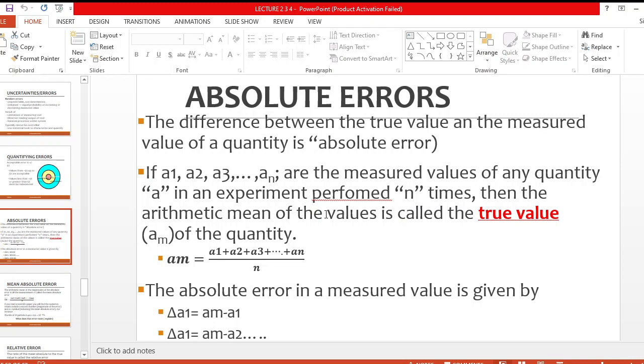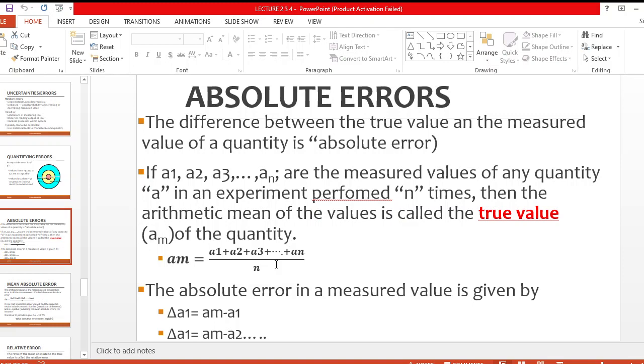Then the arithmetic mean of all these measurements is what is called the true value and is symbolized as AM. Mathematically, the true value AM is equal to the summation of all the measurements divided by the number of measurements which you have taken, which is the same as the mean of the measurements.